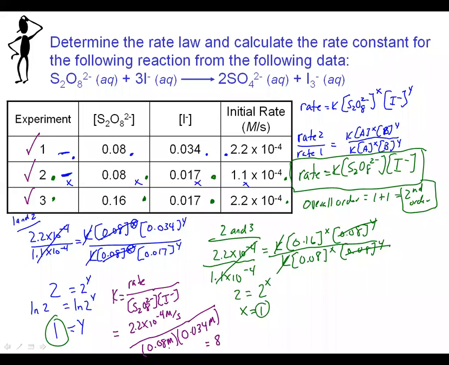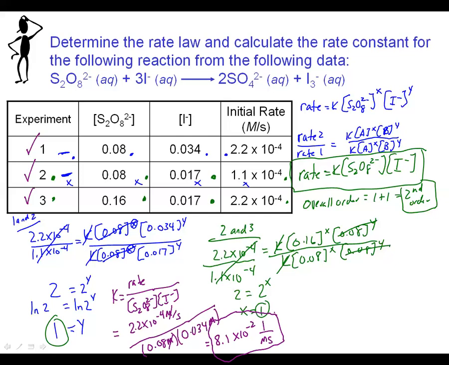And again, in terms of units, molarity and molarity cancel, leaving us 1 over molar seconds. Looks good in terms of your answer there. And again, the units do match up, as you will see shortly, with what we have here, which is our second order reaction. And again, 1 over molar seconds is typically what you have in terms of the units for the rate constant for this type of reaction.